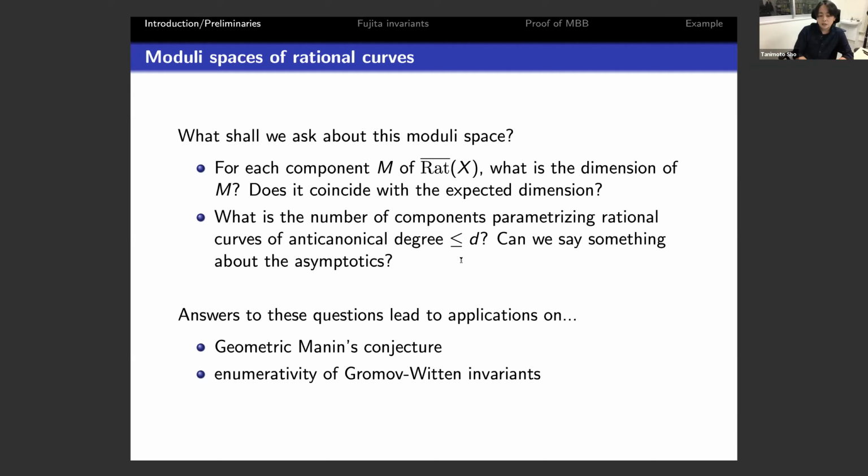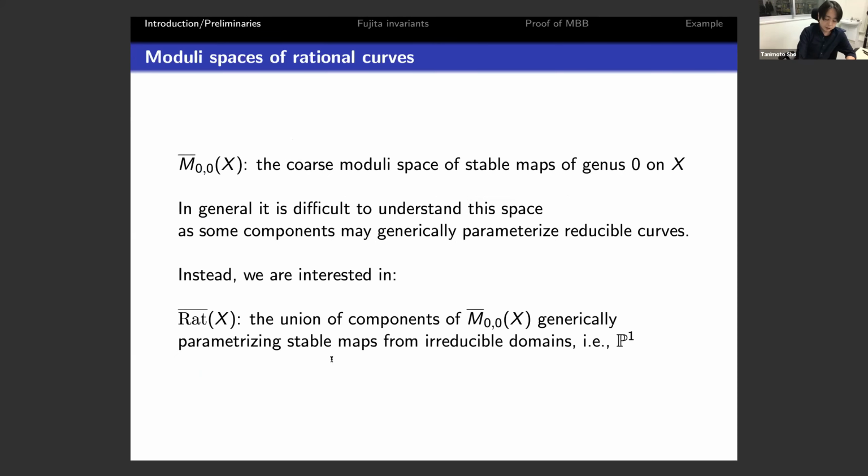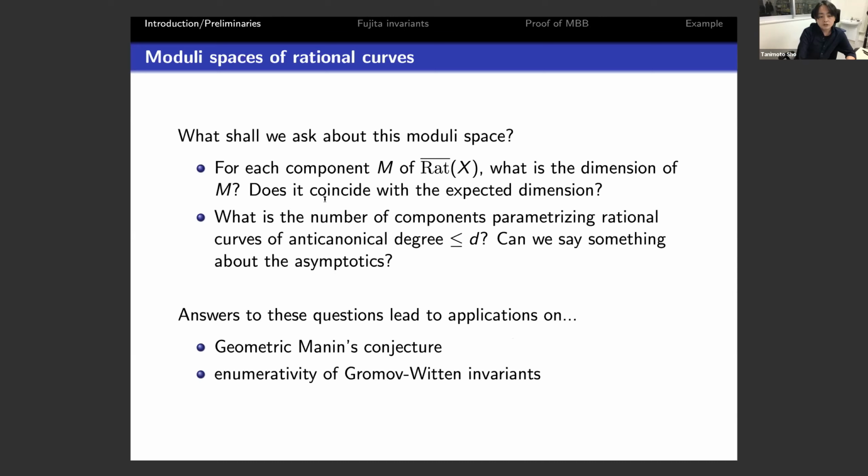Gromov-Witten invariants are defined using a moduli space or moduli stack of stable maps, and you need to prove that it coincides with the actual count of rational curves satisfying certain conditions, which is so-called enumerativity.